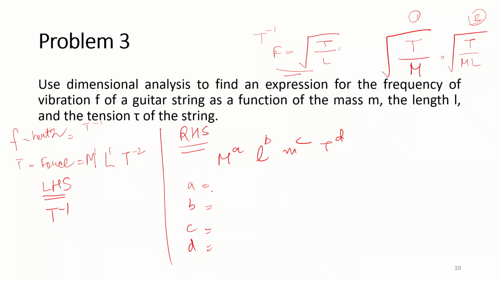Tau is force, a function of mass, length, and tension. There are only three quantities on the right hand side: mass, length, and the tension. So A is M, which is coming 0, B equals minus half, and C equals half. So A is minus half.